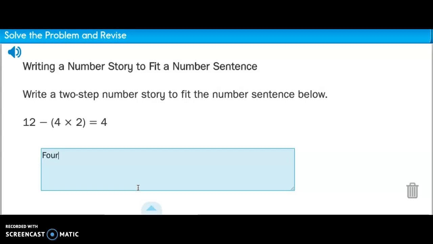4 girls went to a sleepover. They brought 2 dolls.